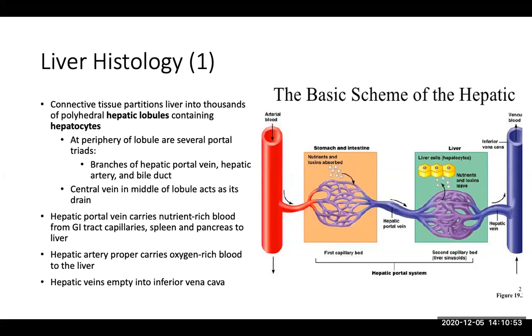The central vein is in the middle of the lobule and acts as the major drain. The hepatic portal vein carries nutrient-rich blood from your GI tract to the liver. The hepatic artery provides oxygen-rich blood to the liver, and the hepatic veins empty into the inferior vena cava, which eventually brings the blood back to the heart.